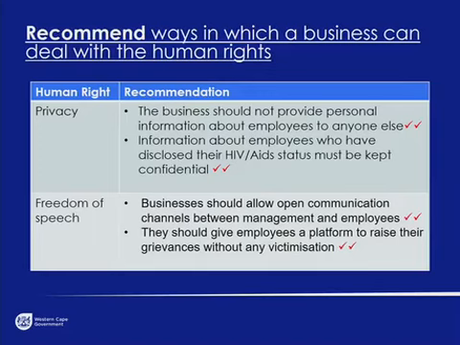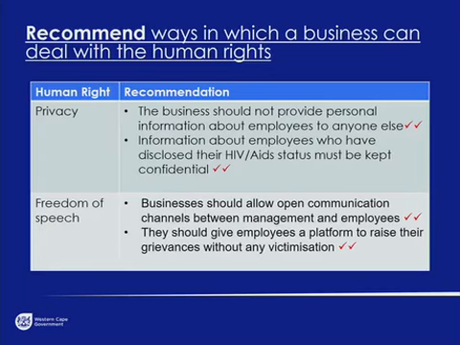So if the question says recommend 2 ways a business can deal with privacy, then your first bullet point, for example, would be the business should not provide personal information about the employees to anyone else. And you can see the 2 marks have been awarded at the end of the statement there. The second bullet point, information about employees who have disclosed their HIV/AIDS status must be kept confidential.